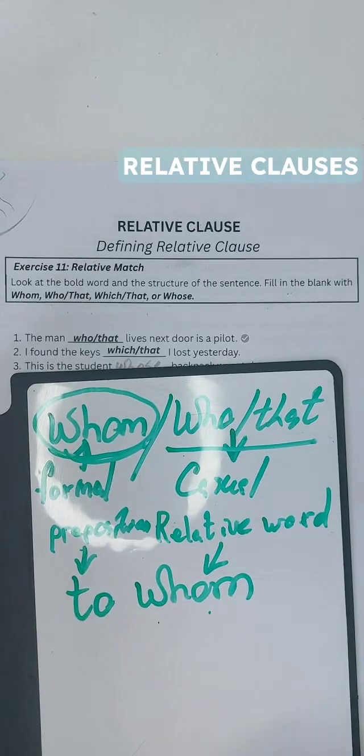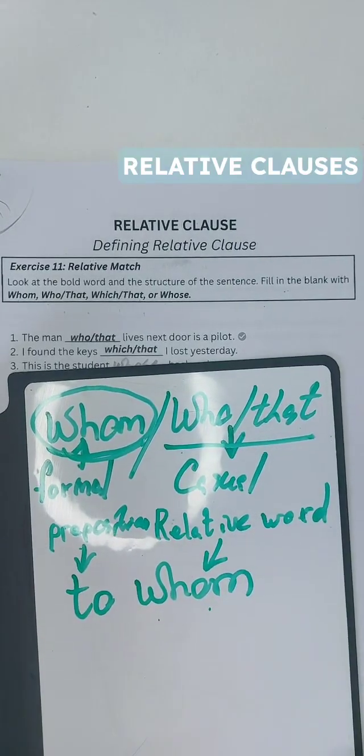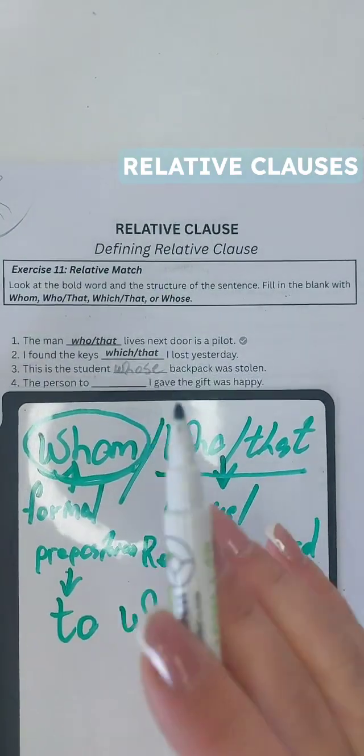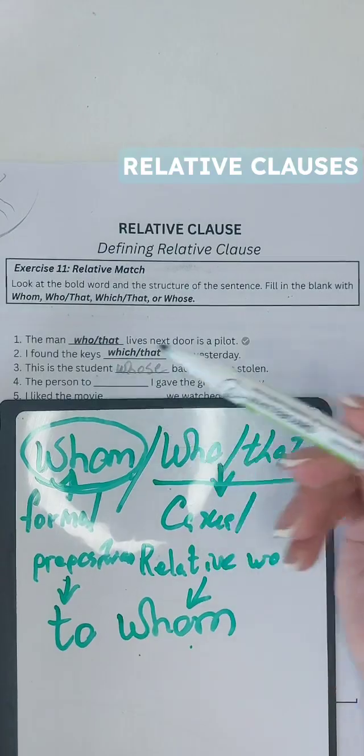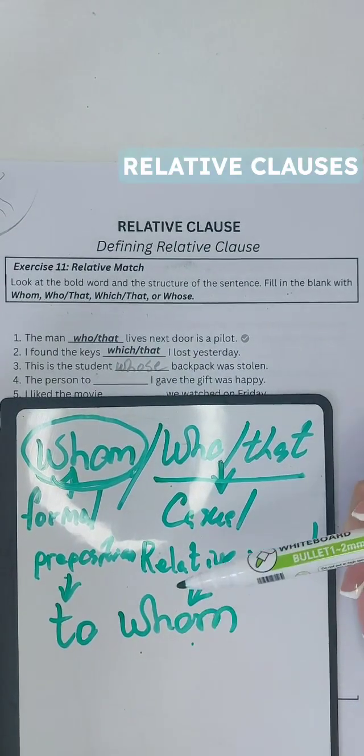If you want to use who or that, you should use the preposition at the end of the sentence.